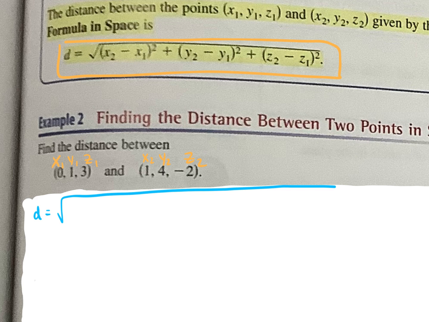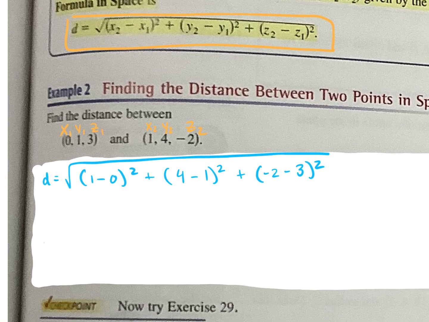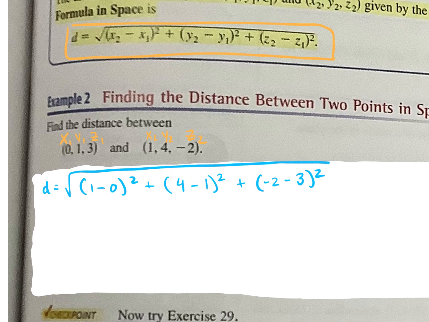So X2 minus X1 would be 1 minus 0 squared, plus Y2 minus Y1 would be 4 minus 1 squared, plus Z2 minus Z1 would be -2 minus 3 squared. So it's the same thing as our regular distance formula. We just also have to include the Z in it.